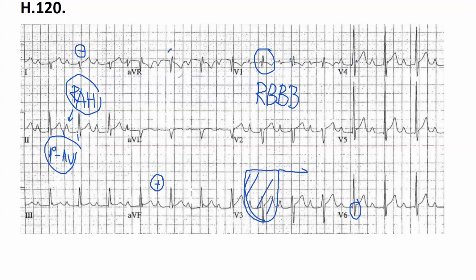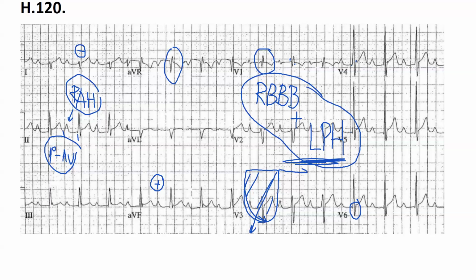It's again less than 120, but you can assume there's an extreme right deviation, meaning we have a left posterior hemiblock plus right bundle branch block.